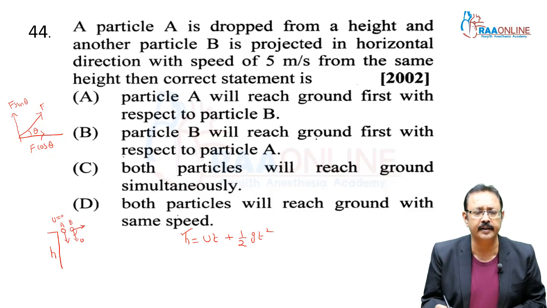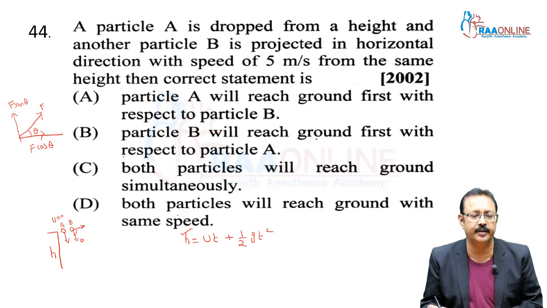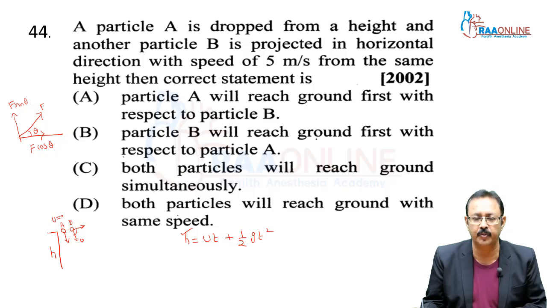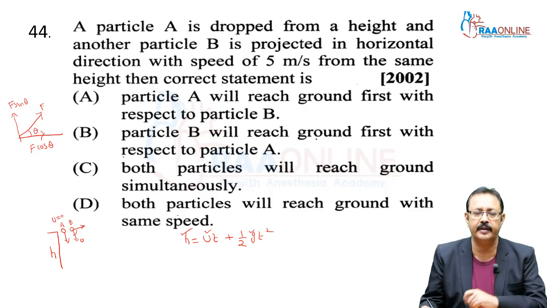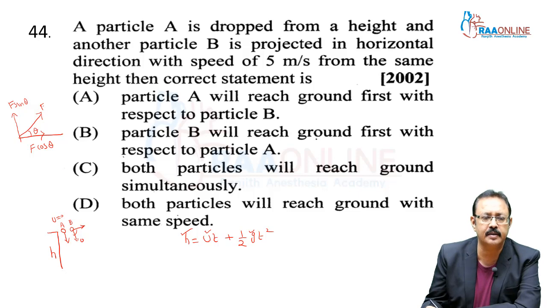If theta is 90, this component will become 0. So initial velocity in downward direction for both is 0. So h is same, u is same, g is same. How can t be different? So they will reach simultaneously. So we are going with option C.